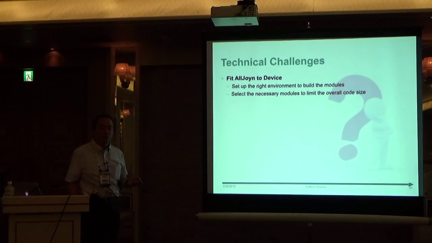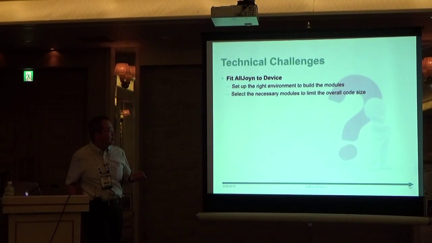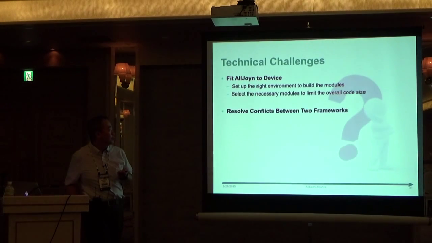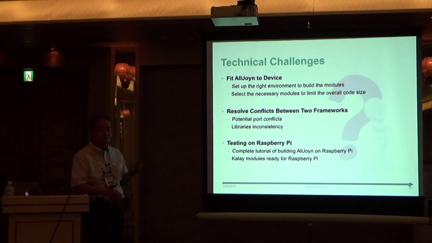For example, first we wanted to set everything up in the set-top box, but the set-top box really doesn't provide enough resources here, like CPU or enough memory. So eventually, we tried to set it up on a Raspberry Pi device, because AllJoyn is already proven to work there. And there's also a complete tutorial about how to build AllJoyn on Raspberry Pi. So that's why we chose Raspberry Pi to start our prototyping here.